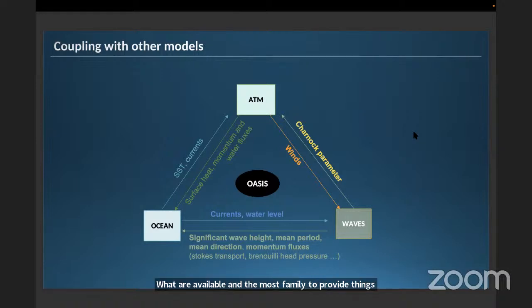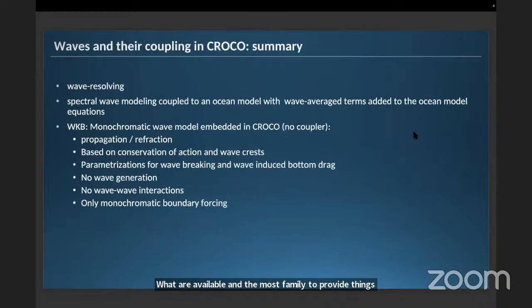So this is a typical way of coupling. This is my last slide for this presentation, to let you know that in CROCO, we can model waves directly, what we call wave resolving. For that, you need very, very high resolution, and you need to use the non-hydrostatic core of CROCO, but it's possible.